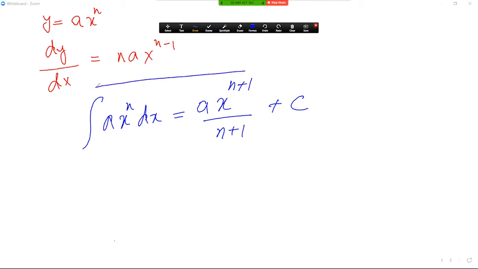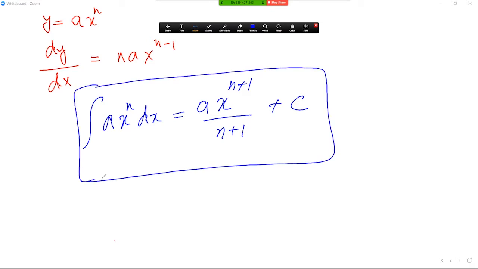Okay, good. a is a constant, so we can take the a out. Then we have the integral of x^n dx, which is x^(n+1) over n+1 plus c. c is the constant which comes in this entire integration.